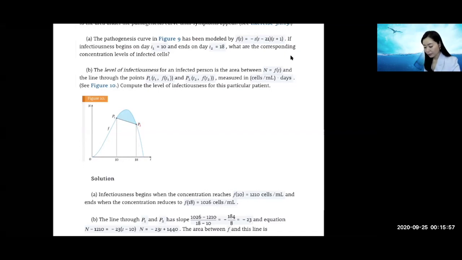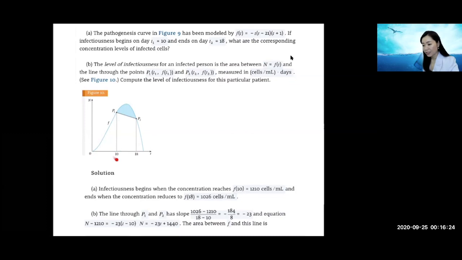So this area between this curve and this line is the level of infectiousness for a particular patient. For this patient, t1 is 10, t2 is 18. The level of infectiousness will be this area between this pathogenesis curve and this line segment over here. So we want to compute this area.